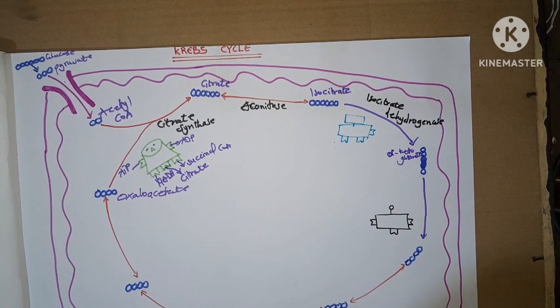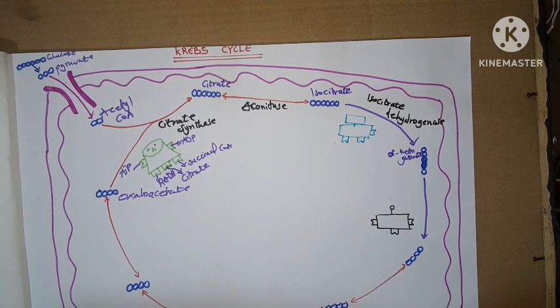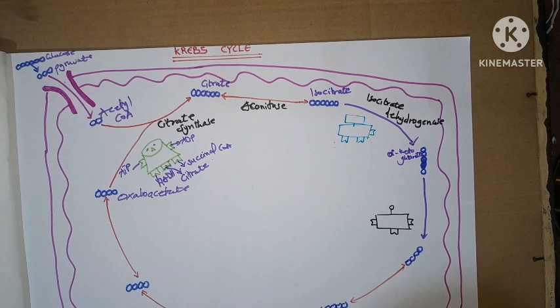This enzyme will convert isocitrate to alpha ketoglutarate. This step is irreversible.